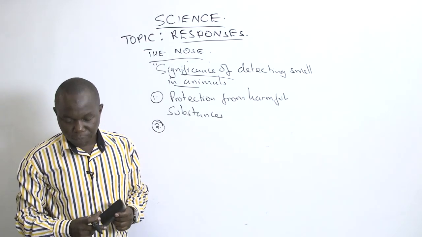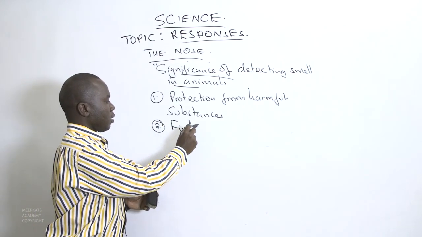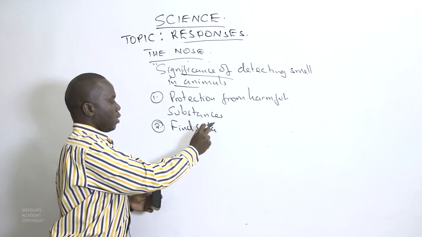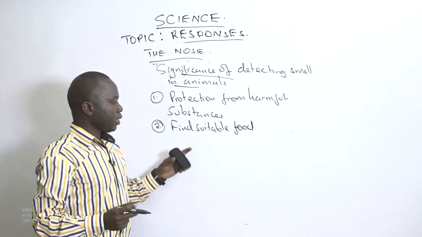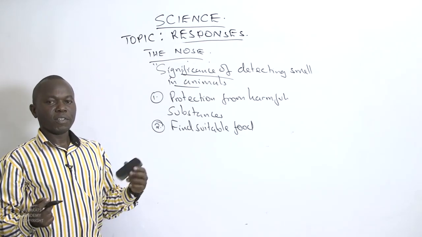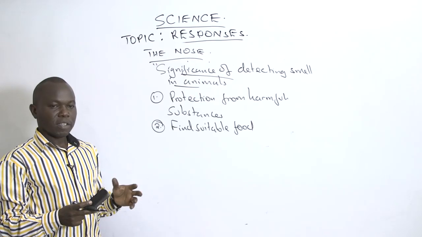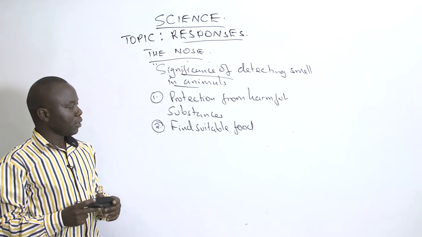So another role is finding suitable food. It helps animals to find suitable food. For human beings, you'll always want food that has good aroma, some good smell.